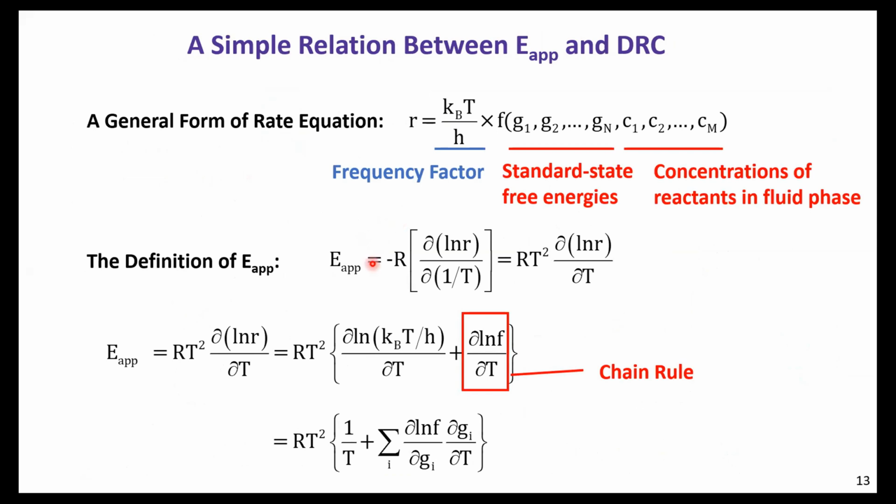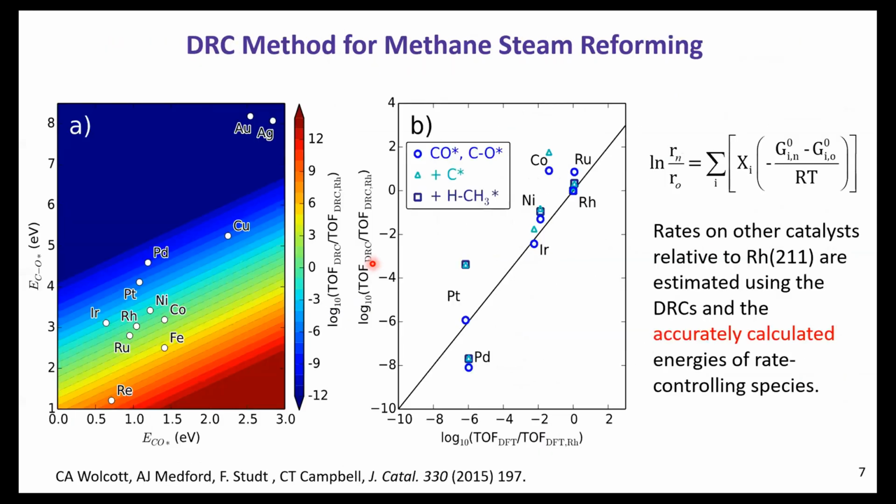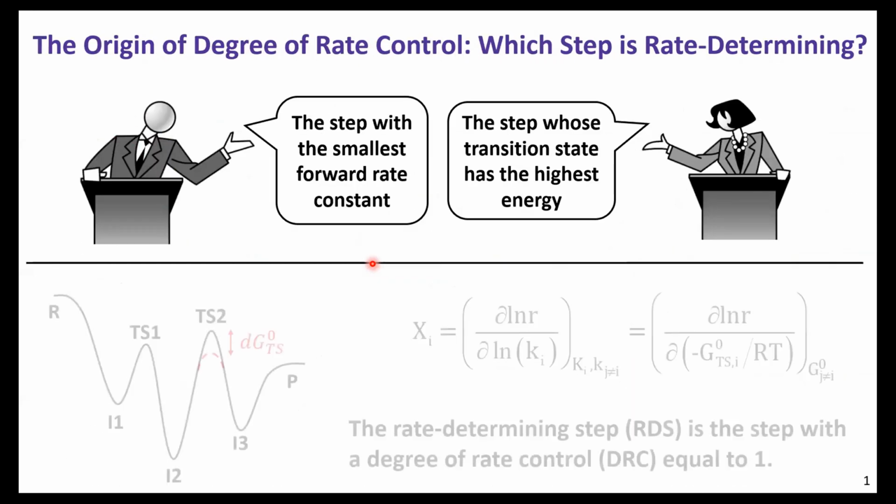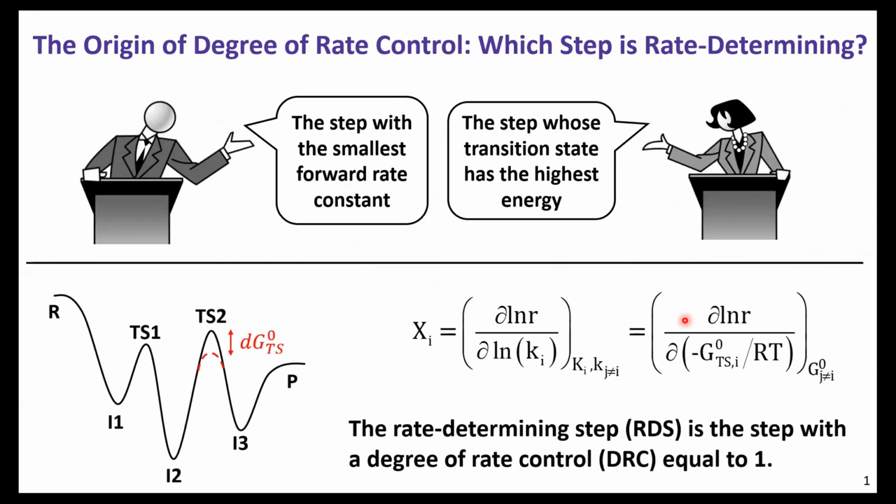Yeah, this is a good question. First, the DRC is a mathematical partial derivative. Let me go back to the original one. When you change from one catalyst to another one, the energy of all species will change by some amount.